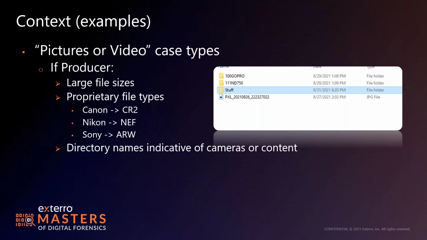If you're dealing with a GoPro, almost all your video is in a folder labeled 100, 101, 102 GoPro. Nikon D750, the camera model is generally appended to the directory. Those kinds of things are global. That tells you that you're dealing with someone who does have access to video or camera systems. And so maybe we have something to look at.